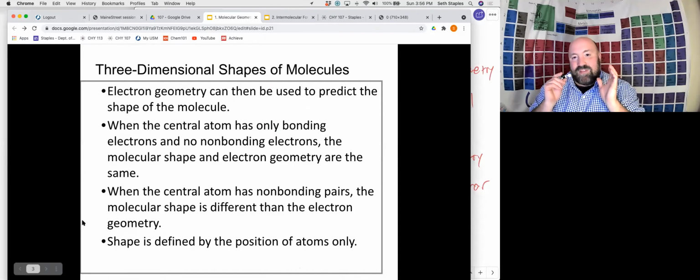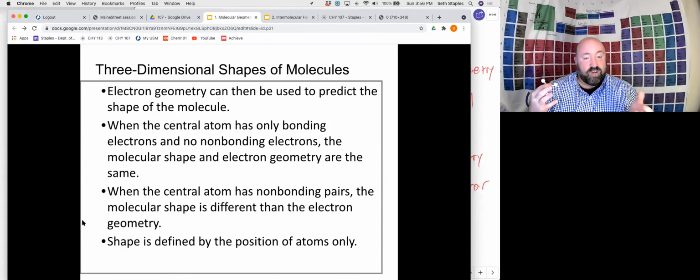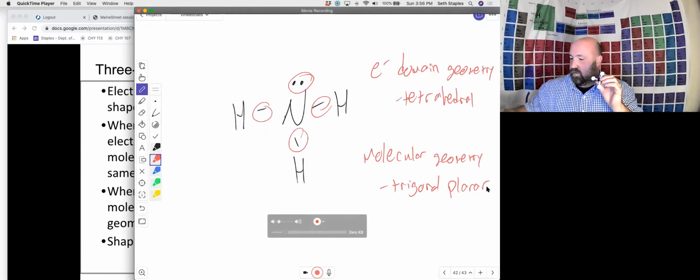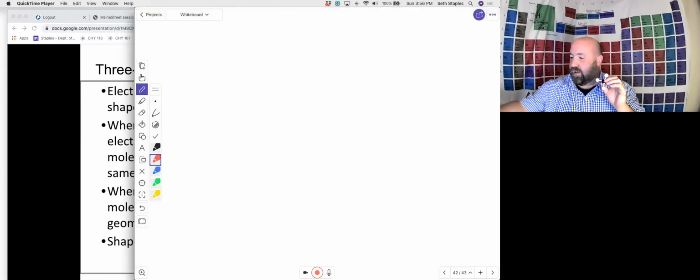When the central atom has only bonding groups and no non-bonding groups, the molecular geometry, the molecular shape, and the electron geometry are the exact same. And so in the case of methane, CH4, remember what CH4 looked like. We'll just redraw it real quick.